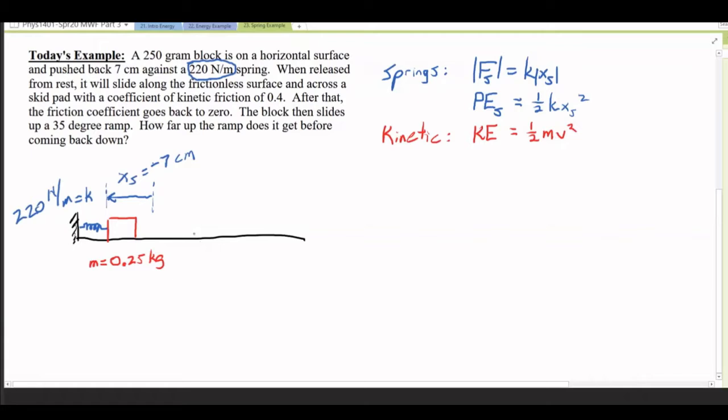So I'm going to put a skid pad here. And I guess I forgot to say the length of the skid pad.